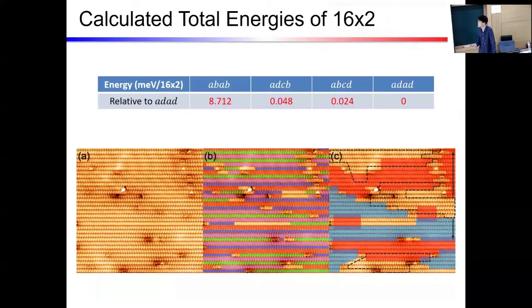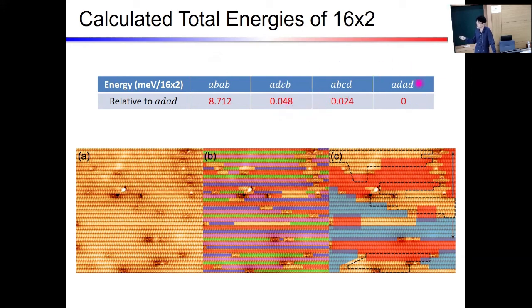So this we got from the density functional theory calculation. We found AD again is the lowest energy, so with respect to that, we give a relative energy difference. AB is the highest energy. Experimentally, we cannot find these structures, but we easily find ABCD, ABCD, and ADCD, which is an achiral form.